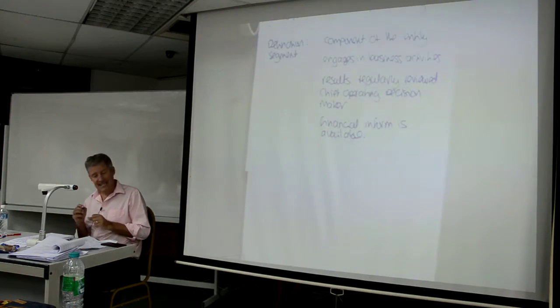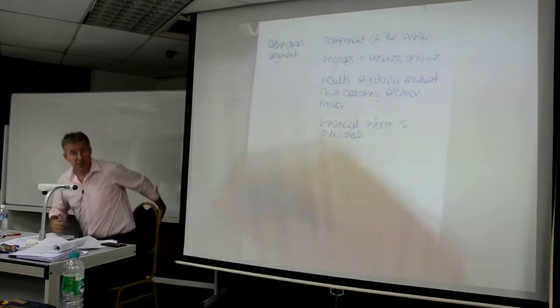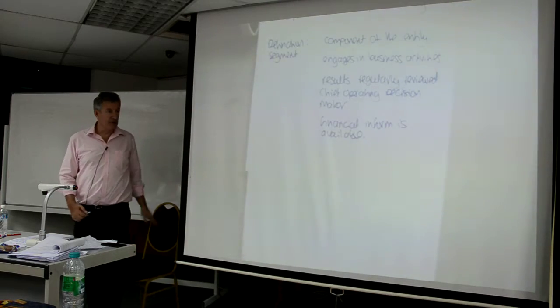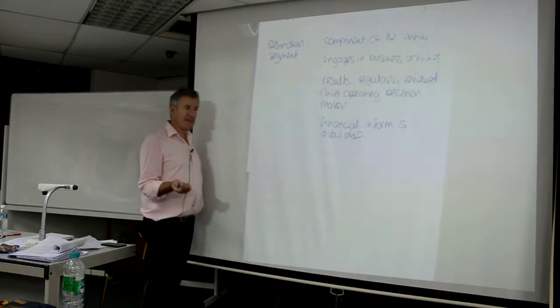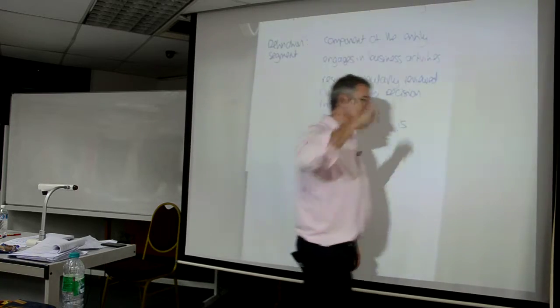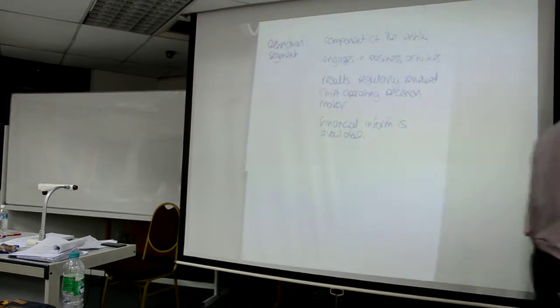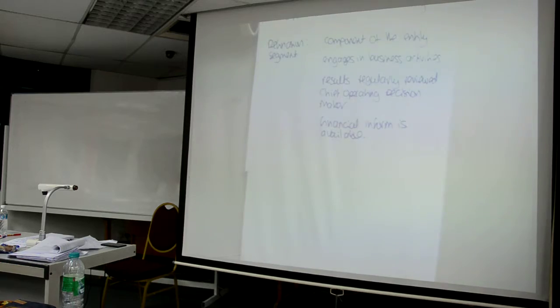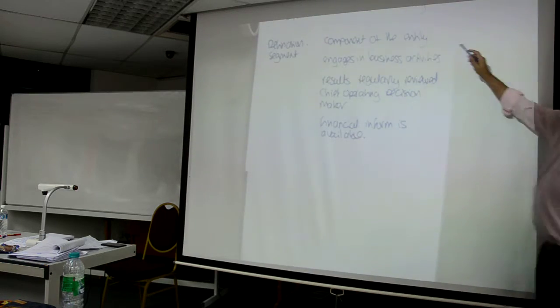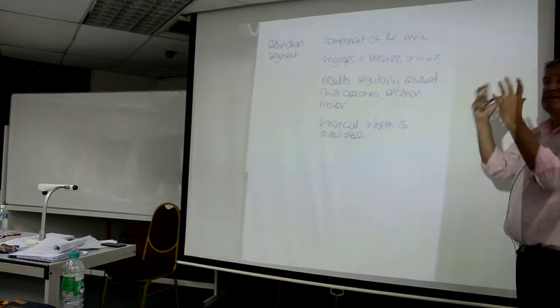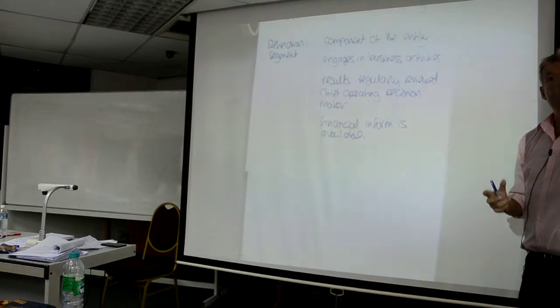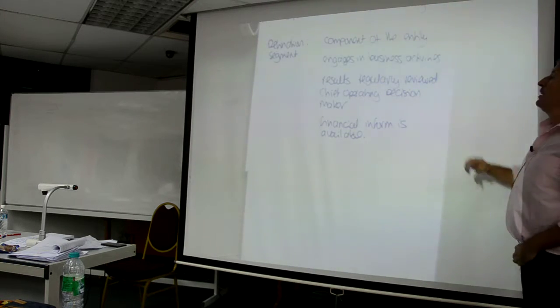So what is a segment? It is a part of the business, a component of the business. Could be Vietnam, could be Malaysia, could be product A or product B. But it's a part of the business that engages in a business activity, sells, generates profit.